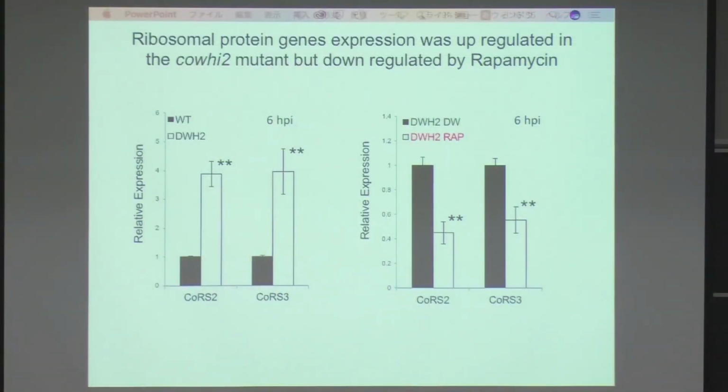And furthermore, RT-PCR analysis of two representative genes indicates that the enhanced expression in V2 was downregulated by rapamycin treatment. So TOR could be functional for its functions.